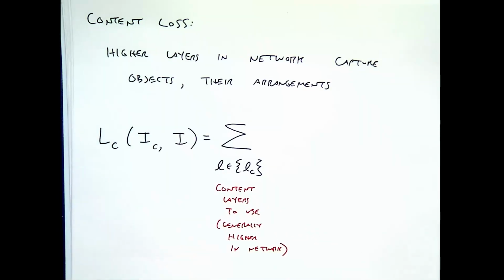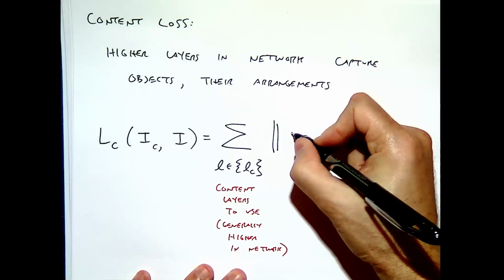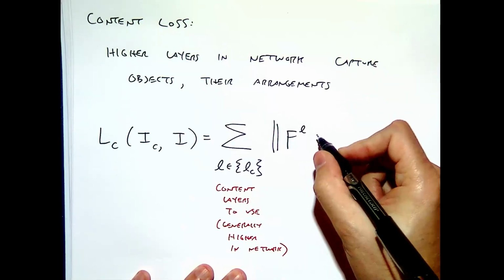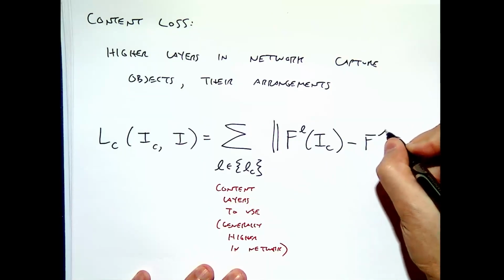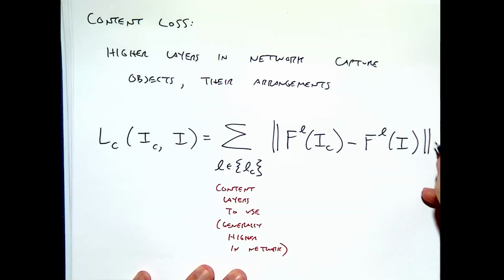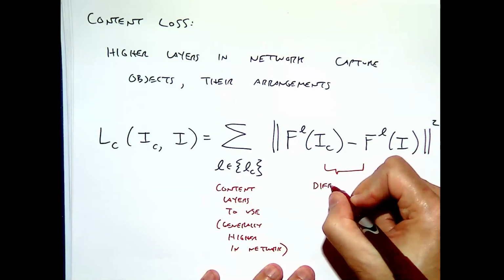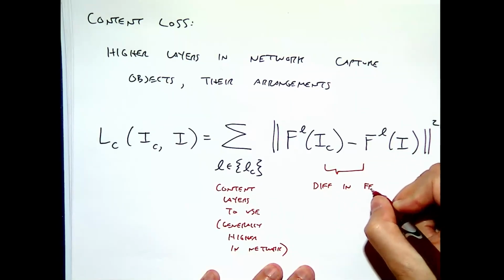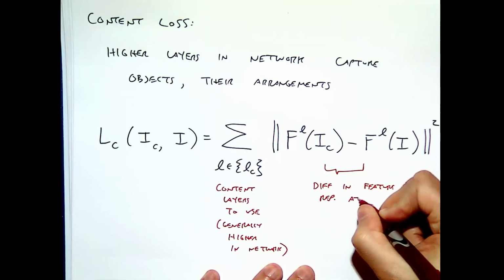And what I'm summing up is the differences in feature activations of each of these layers, right? So it's like saying I look at the features at layer L in the original image versus the features at layer L in the image that I'm trying to create. So basically, this is the difference in feature representations at layer L.